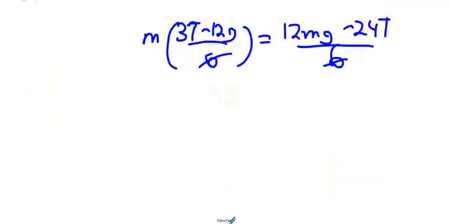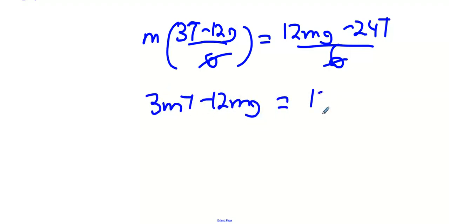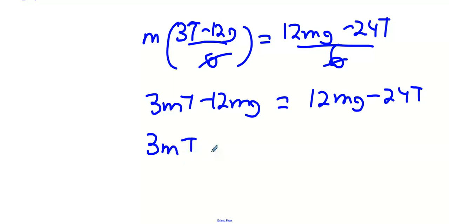And now what I'm going to get is that 3mT minus 12mg equals another 12mg minus 24T. Move it all to one side. 3mT plus 24T equals 24mg. Factorize out the T, and what do we get?